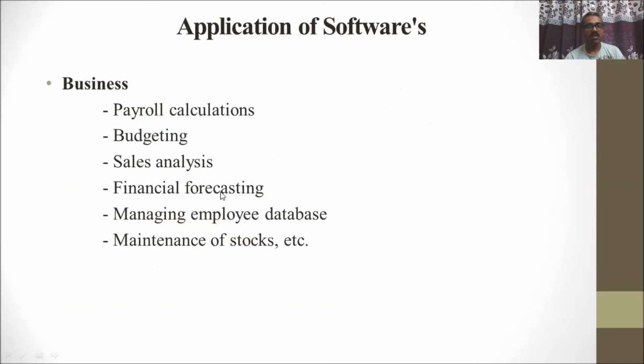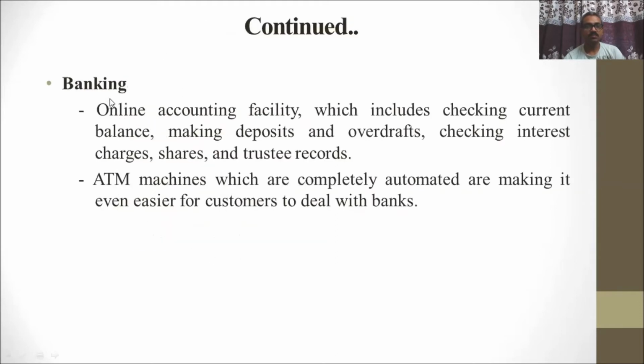Here, financial forecasting means we forecast about the finance, how much budget will be required, or how much expense there will be in the business. Managing employee database, maintenance of stock, etc. So these operations are used in a business.